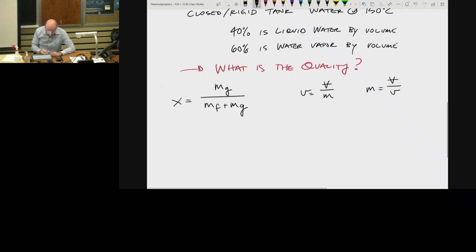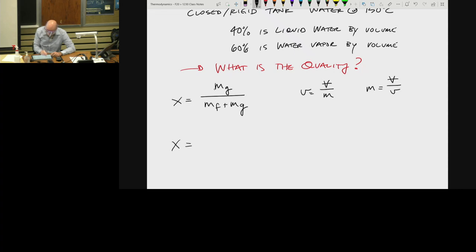Okay, so here we go. X is equal to, well, mg is going to be equal to the volume of the vapor all over the specific volume of the vapor. Mass of the liquid is going to be volume of the liquid over specific volume of the liquid. And mass of the vapor is going to be, again, volume of the vapor over specific volume of the vapor.